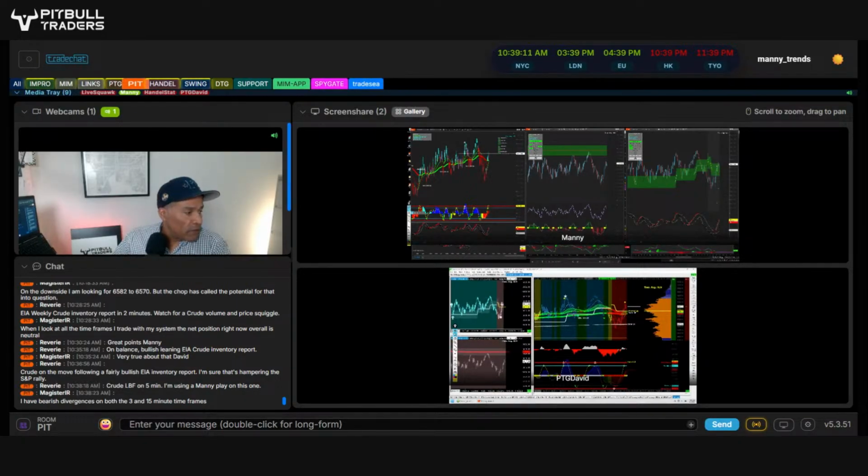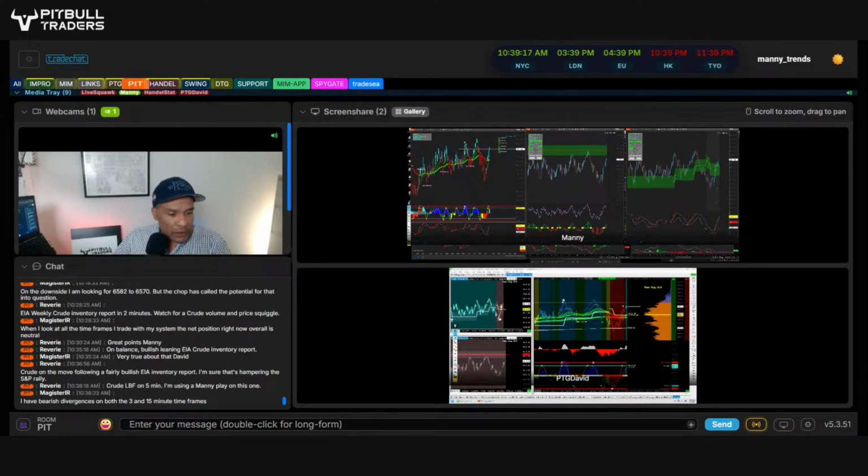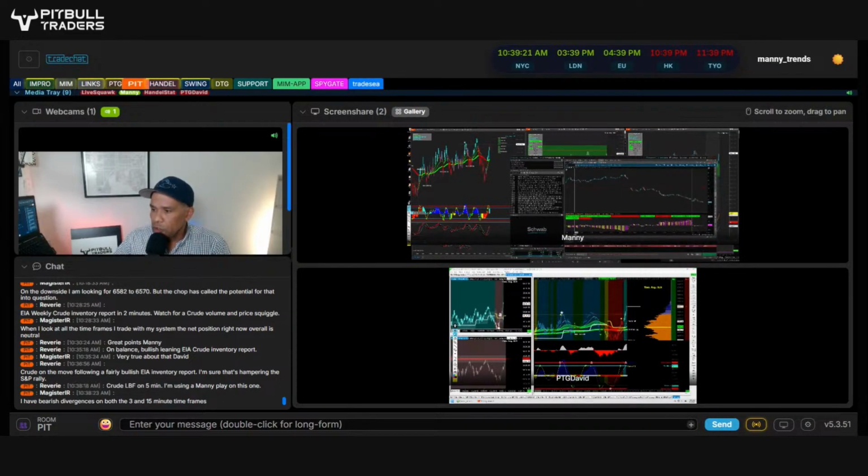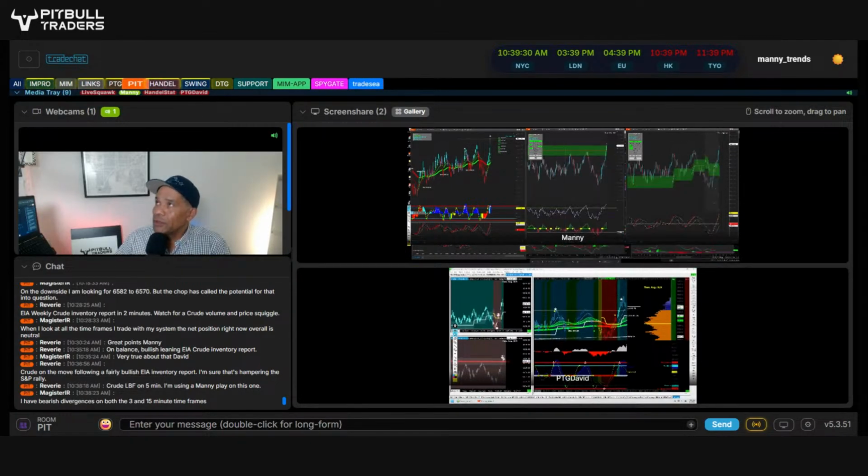What is going on in the world of equities? Take a look at the sector list. 1, 2, 3, 4, 5, 6, 7 green. 1, 2, 3, 4 red. So we haven't really moved out of this.